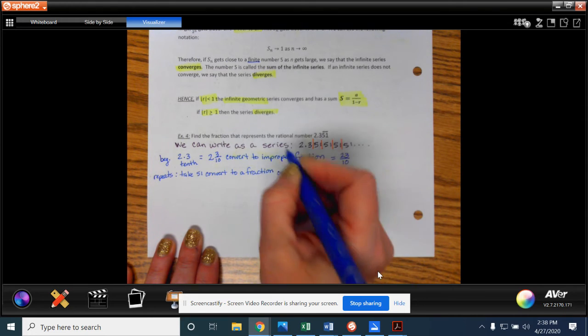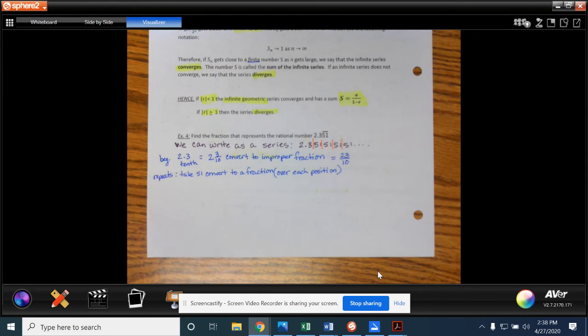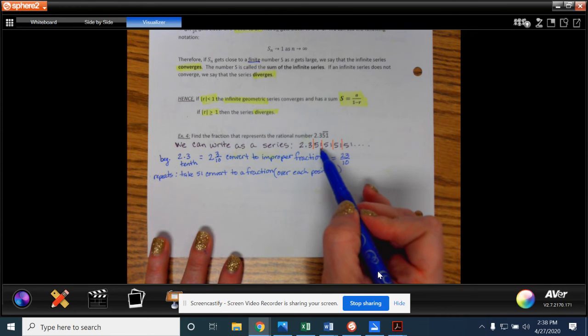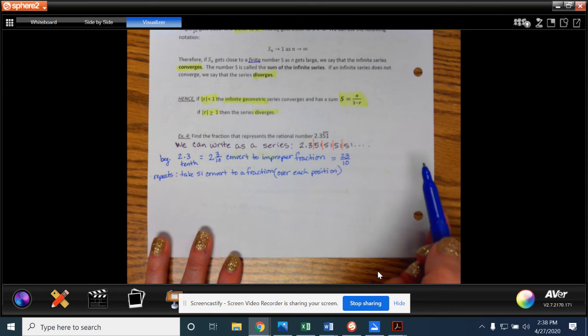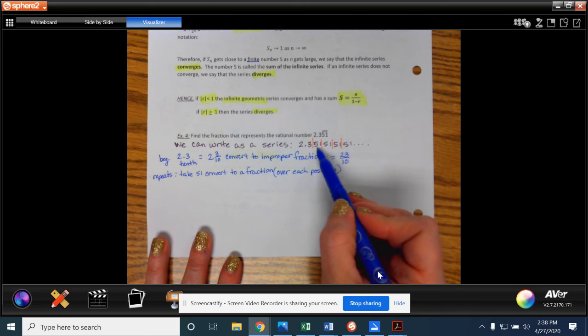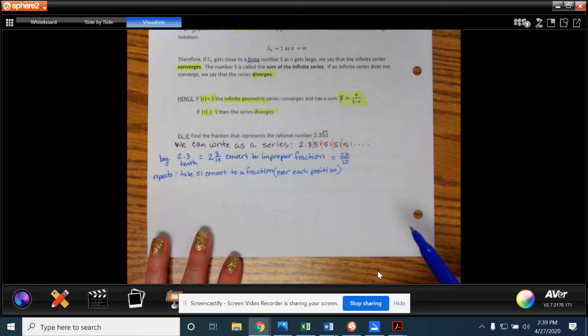So that's over each position. And what that means is what position does that 1 end? That's why I cut it into sections. I would have 51 over, this is tenths, hundredths, thousandths.